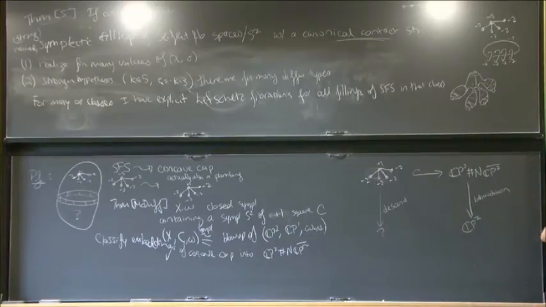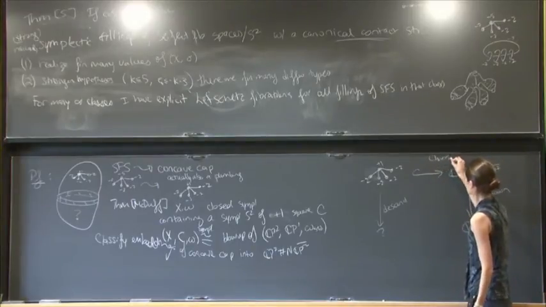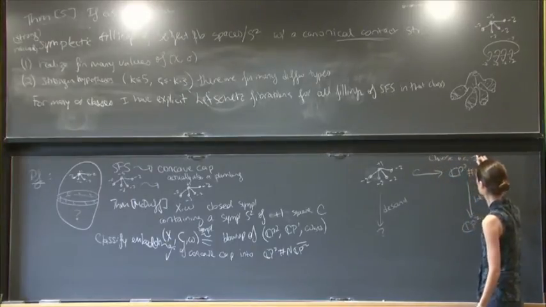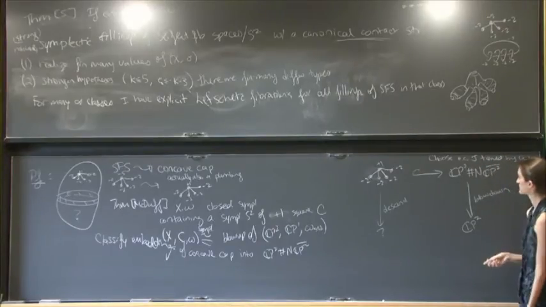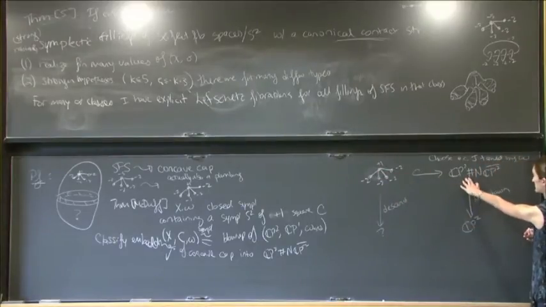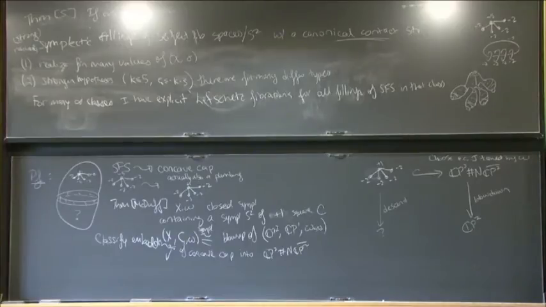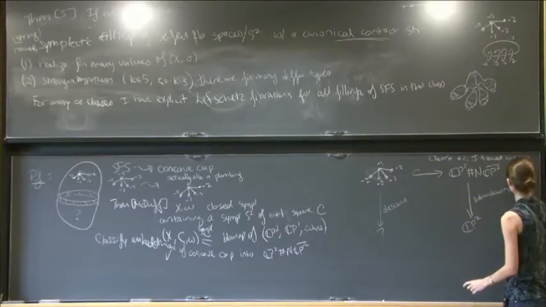There are a number of ways which make this blowing down process a lot more controlled. So you're going to choose an almost complex structure, J, which is tamed by your symplectic form. And these symplectic spheres are symplectically embedded. And additionally, they're omega-orthogonal to each other. So you can choose your J so that they're all J-holomorphic.